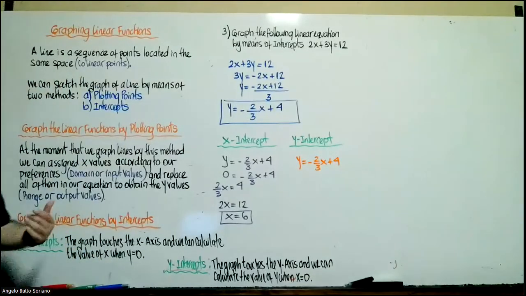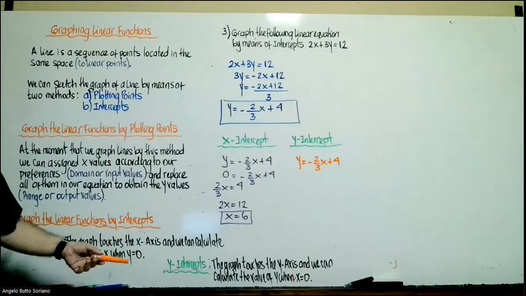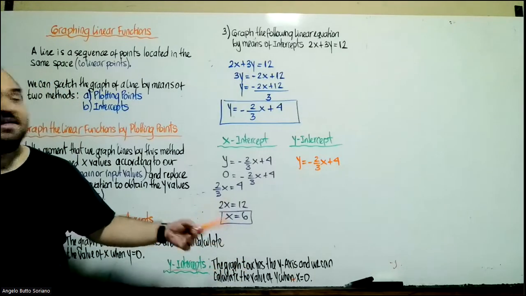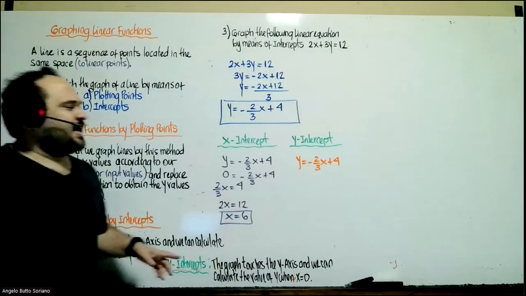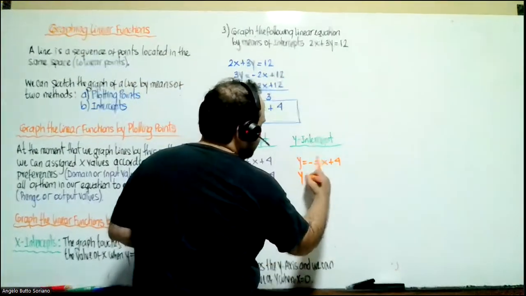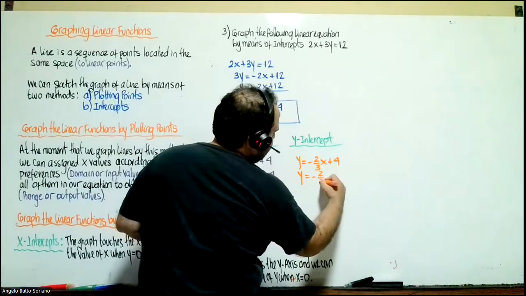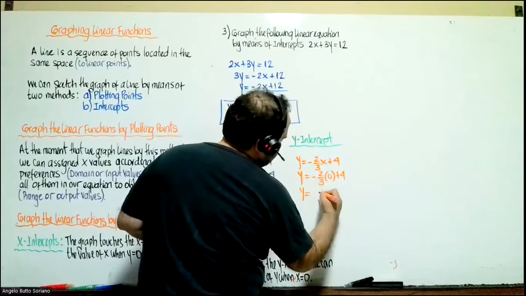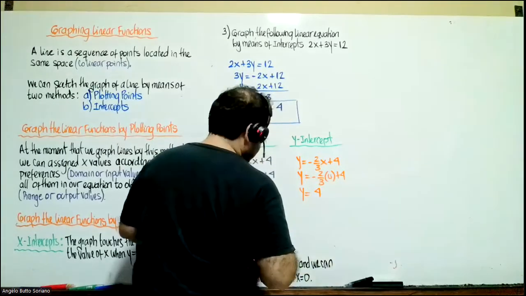But this time, the graph touches the y-axis and we can calculate the value of y when x equals 0. The only thing I have to do is replace x by 0. So y equals negative 2/3 times 0 plus 4. So the answer will be 4 units.